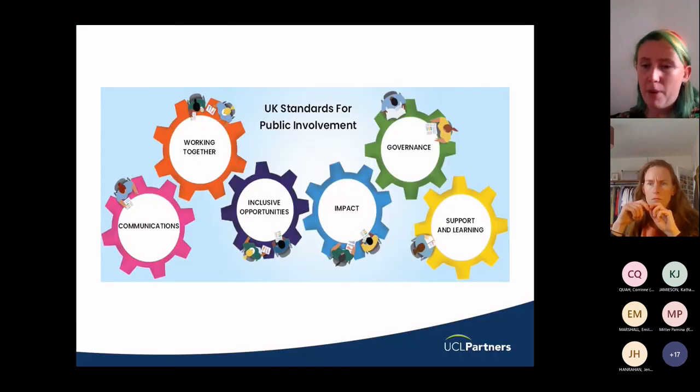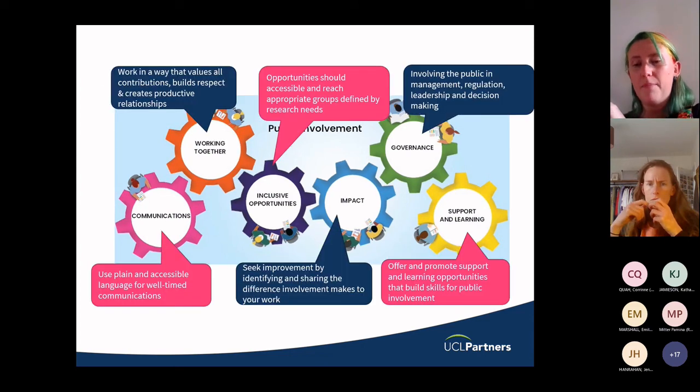There are these 6 spokes that you should really think about and keep in mind whenever you're doing patient and public involvement and engagement. I'm not going to go through these massively because there's a lot of information on their website, and I put a link in the slide deck, so you will be able to see it when you get the slides.